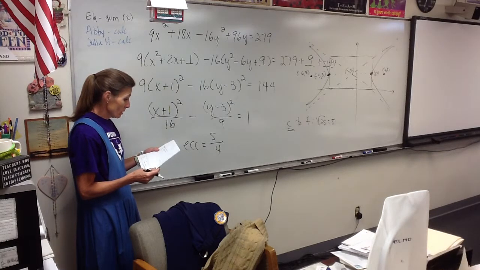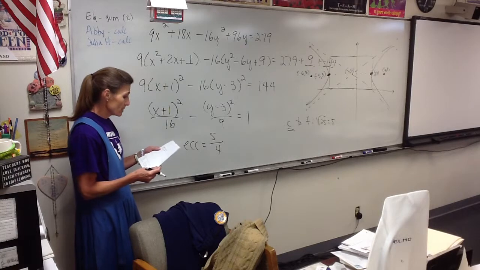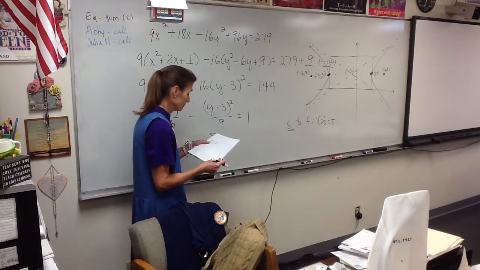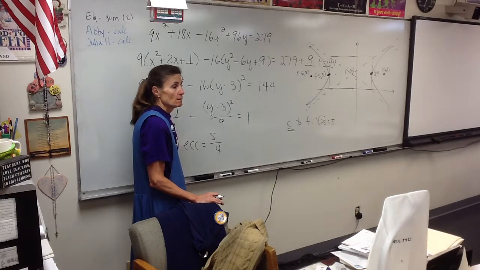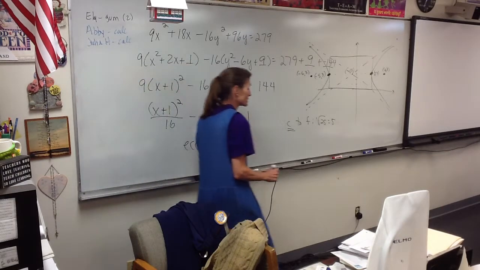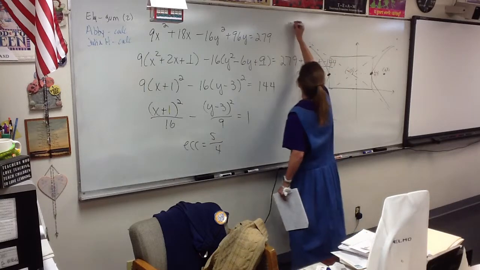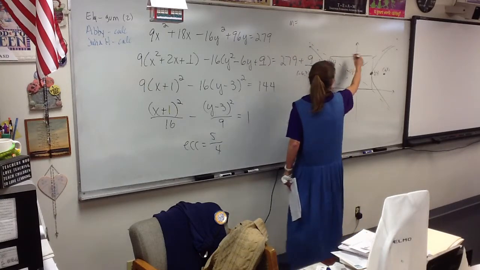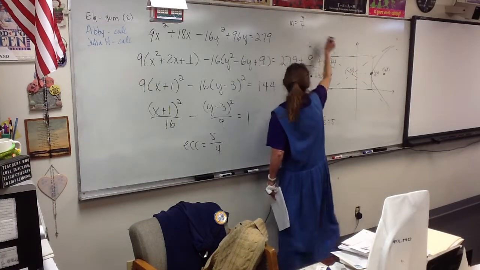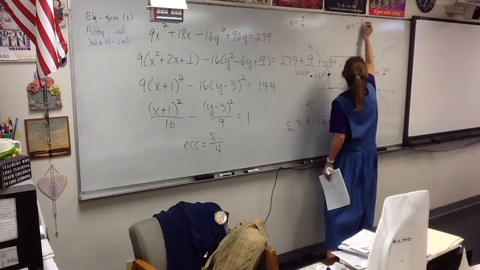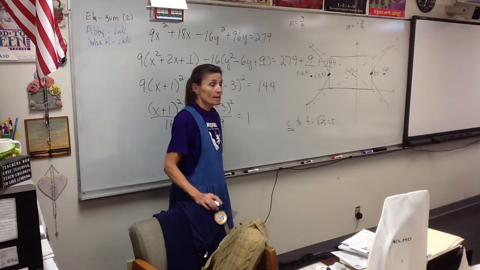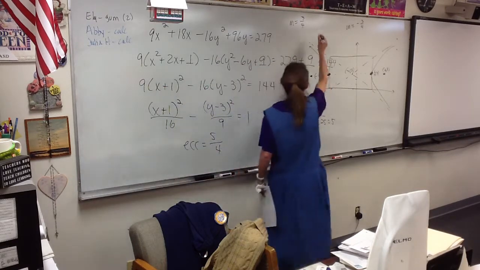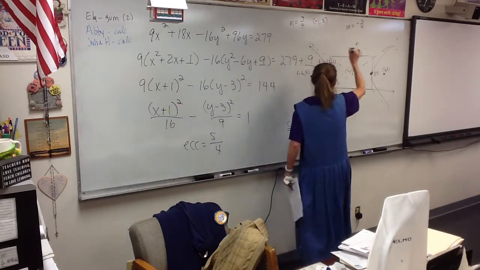Let's see, we did 1, 2, 5, 6. Oh, we need the asymptotes. What do we know about our asymptotes? What slope do they have? Up 3 over 4. So one has a slope of 3/4 and one has a slope of negative 3/4. They both contain the point negative 1, 3.